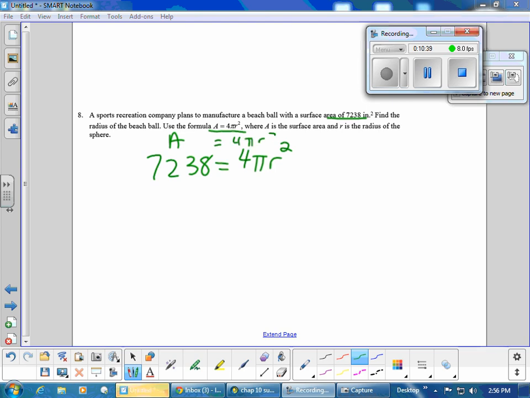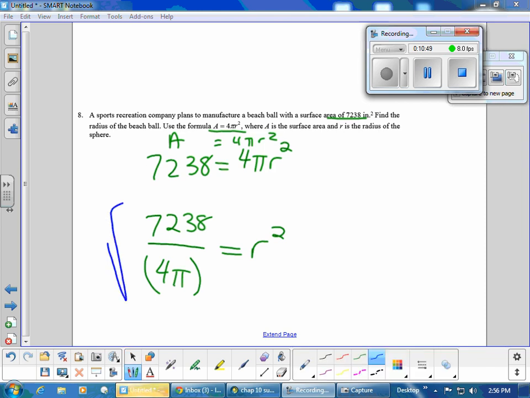We're going to divide both sides by 4 pi, and make sure you put that in parentheses. Afterwards, you're going to take the square root of both sides, and you should get, for number 8, r equals plus or minus around 24 inches, but we're going to go with the plus 24 inches for the answer.